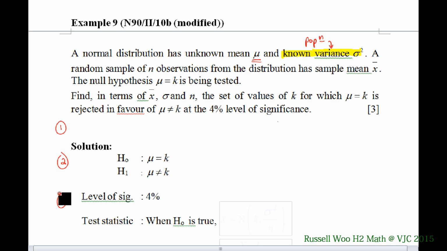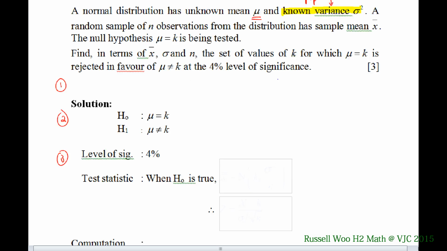Then level of significance, they give you 4%. Find in terms of x bar, sigma and n, the set of values of k for which mu equals k is rejected. Now they give you this conclusion. Conclusion given. Like I said, just follow the steps.